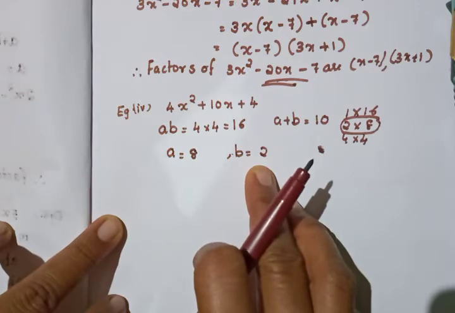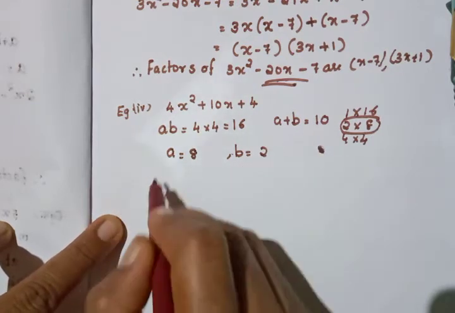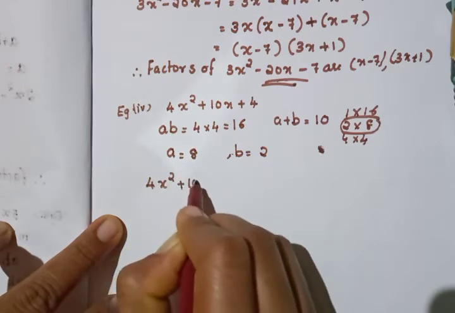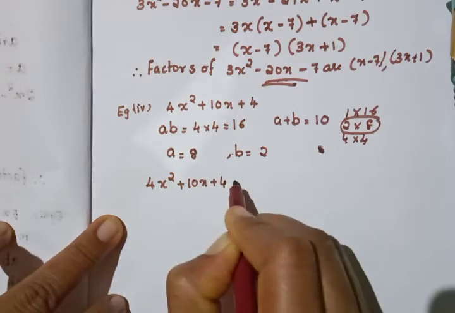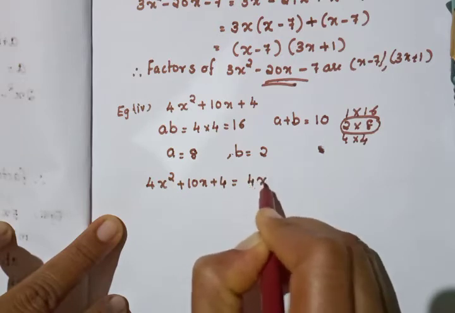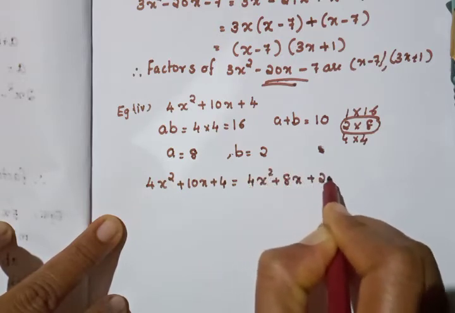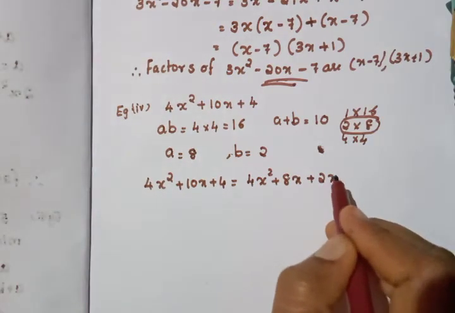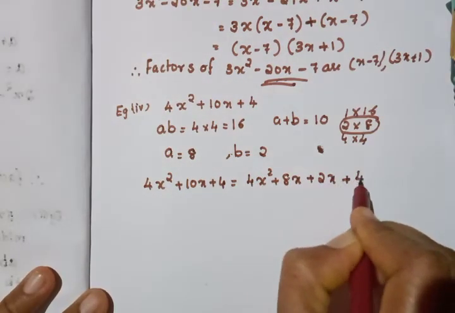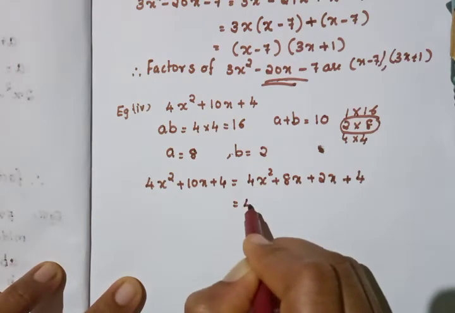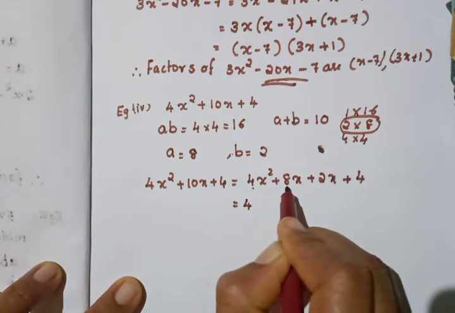Doesn't matter. So we are splitting 4x square plus 10x plus 4 as 4x square plus 8x plus 2x plus 4.